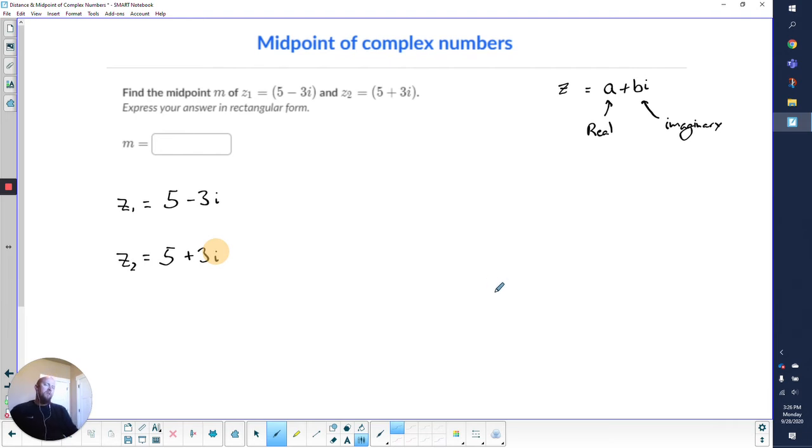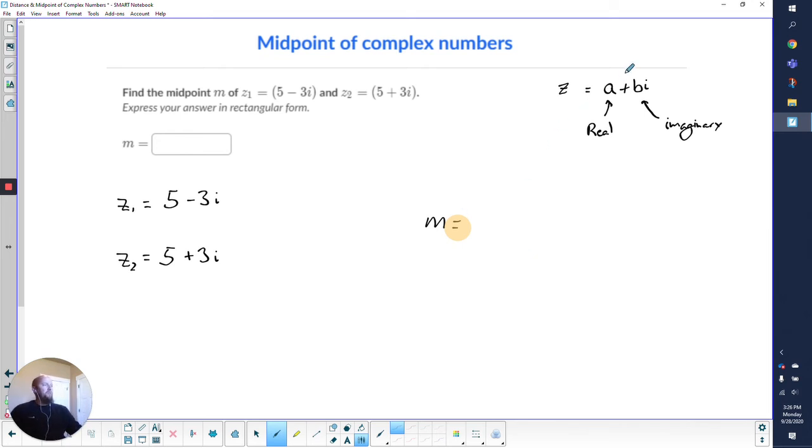And so what we're doing here to get the midpoint, and I'm going to label the midpoint M, is just the average. So if we were plotting these points on a plane and then trying to find the point that's exactly halfway between the 2 points, we would be one at a time finding the average of the x's, or I should say, the real number pieces, and the average of the imaginary number pieces, which are like the x's and y's.